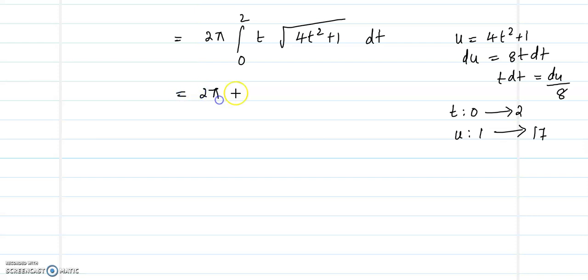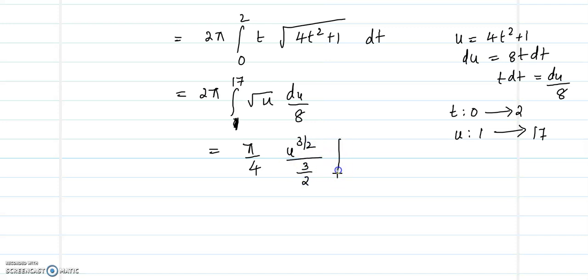So this will be 2π integral 1 to 17 of root u, where t dt is du/8. So we get 2π/8, which is π/4, and the integral of root u is u^(3/2) divided by 3/2, from 1 to 17. Upon simplifying, we get π/6 times (17^(3/2) minus 1^(3/2), which is 1). So this will be the required value.